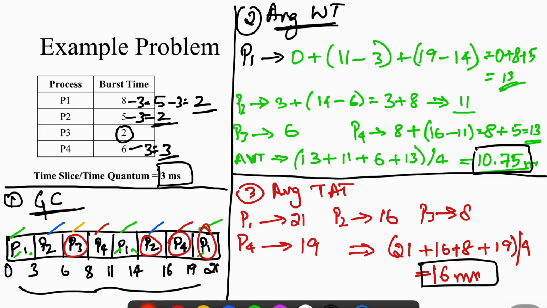Because I can avoid either the convoy effect or starvation for each and every process. So this is the main reason. So we drew the Gantt chart, we calculated the average waiting time, we calculated the average turnaround time, and also we understood why all these things are required. So this is with respect to the round robin scheduling algorithm, people.